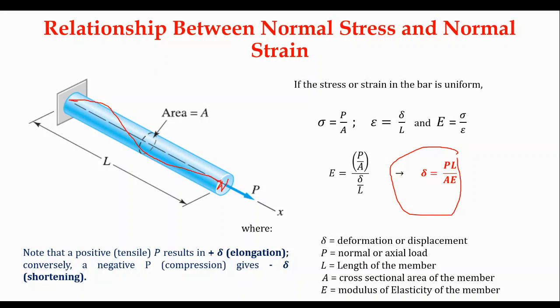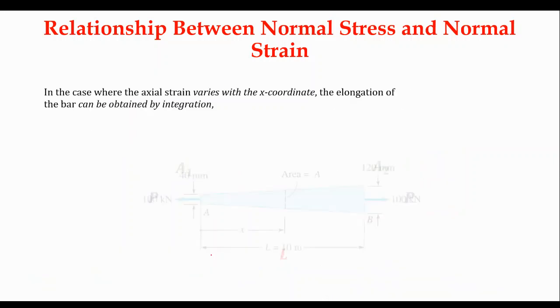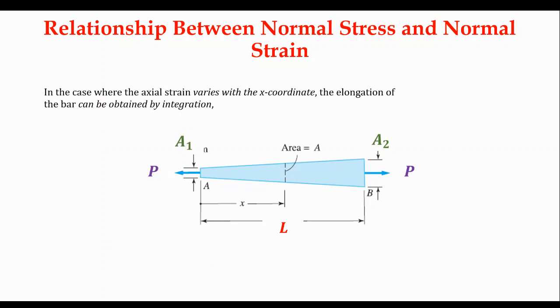But what if it is not the same? For example, this one. In this particular material, in this position the area is small, but when it reaches here the area is different. So the area varies. In that case, we cannot use the simple PL over AE.